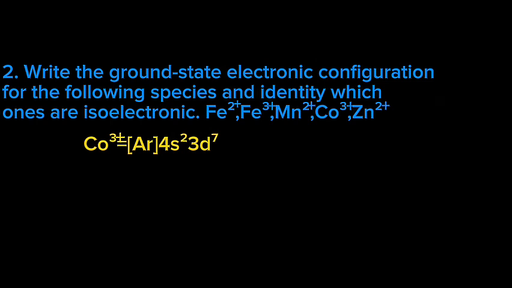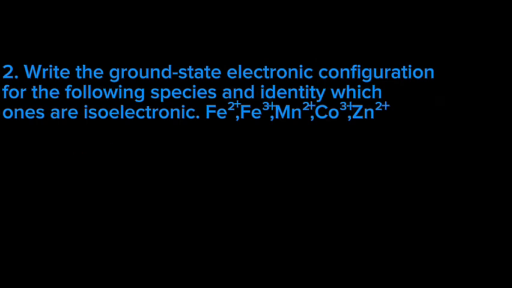So that becomes 4s0 3d6. For zinc 2 plus, zinc becomes Ar 4s2 3d10. Now if it loses 2 electrons, it loses from the 4th shell as usual. Now that becomes 4s0 3d10.